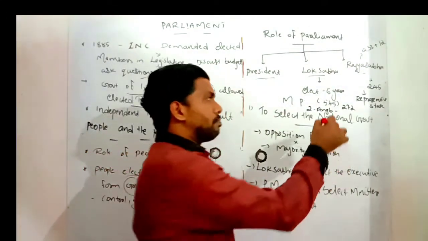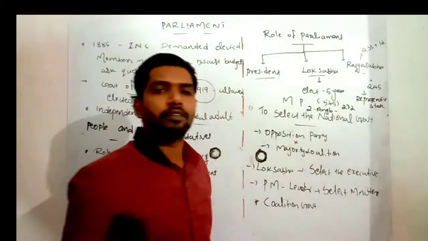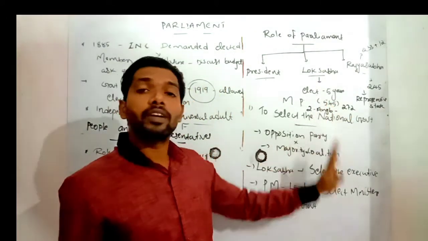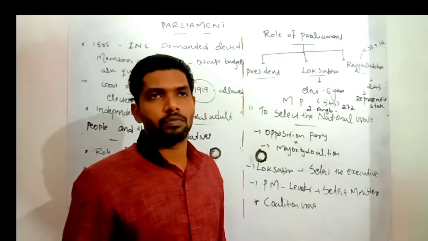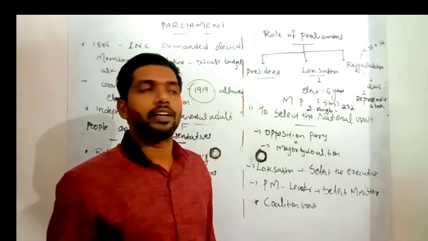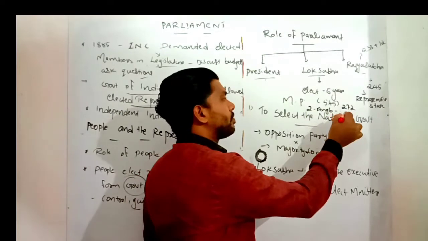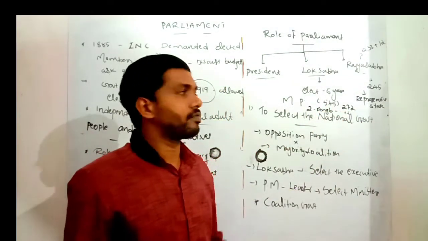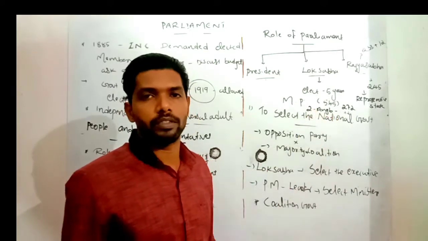Lok Sabha's total number is 545 seats. Out of 545 seats, 543 are elected MP seats. 2 extra seats are for Anglo-Indians. So total 545 seats, out of which 2 members are Anglo-Indians.